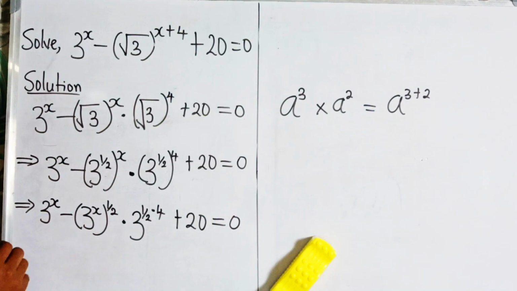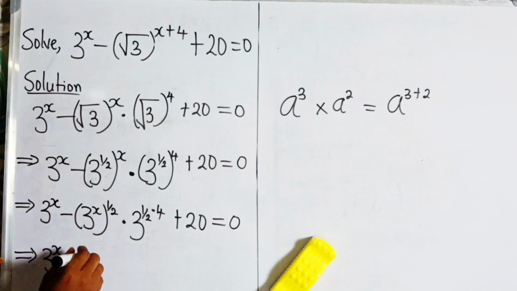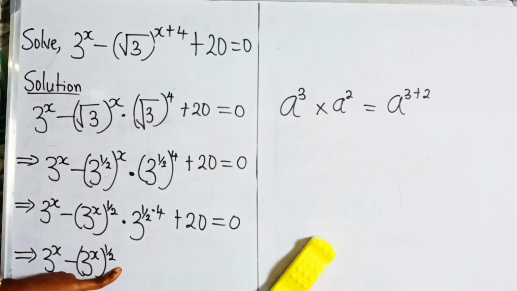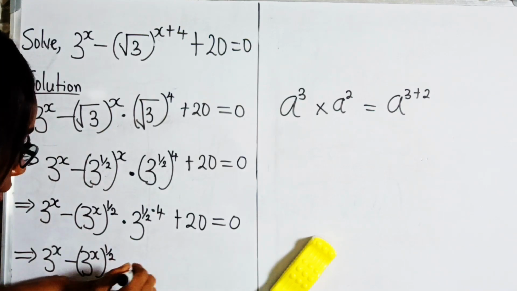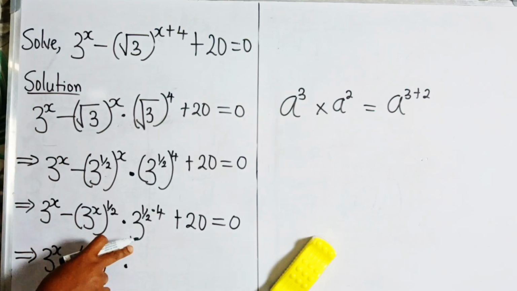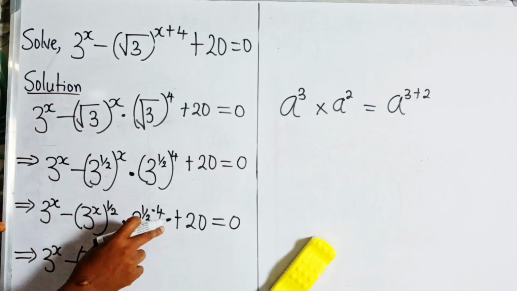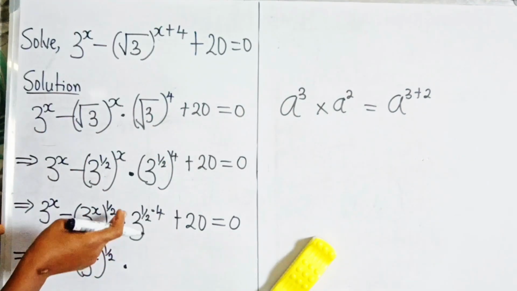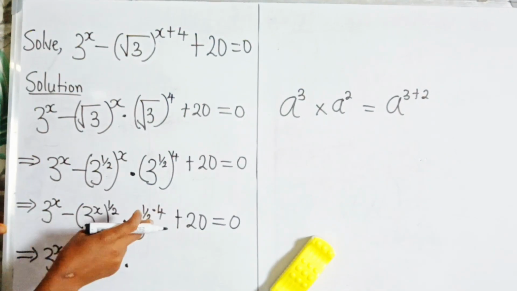All right, so here we are going to have 3^x minus (3^x)^(1/2), multiplied by 3^(1/2 times 4). 1 over 2 times 4 is 4 divided by 2, which is 2.